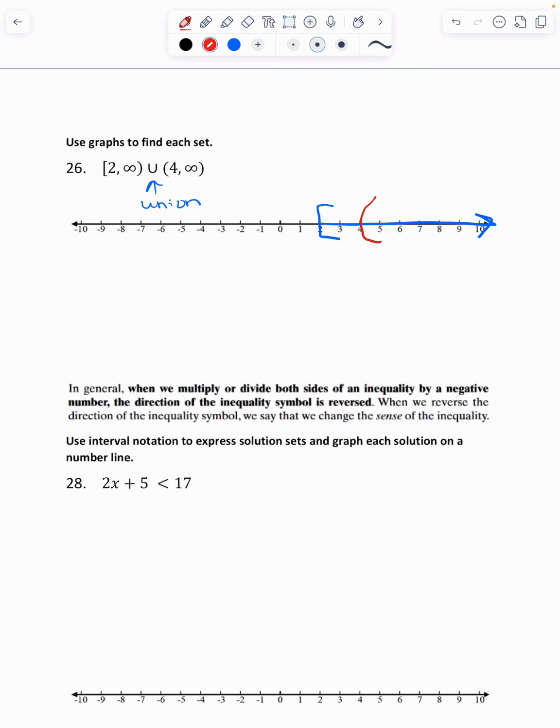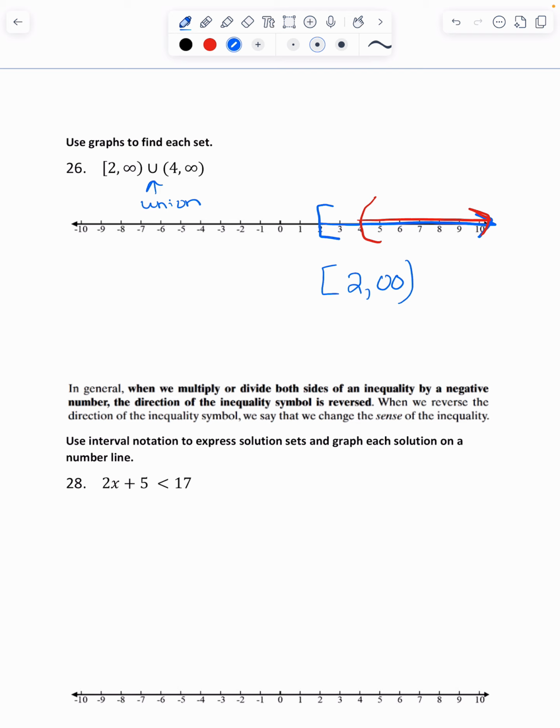And it's a parentheses to infinity. So my answer is I want to include everything that's graphed. So my answer would be starting at 2, and it's going to go to positive infinity, which we always use with parentheses. That is using graphs to find solutions to sets.